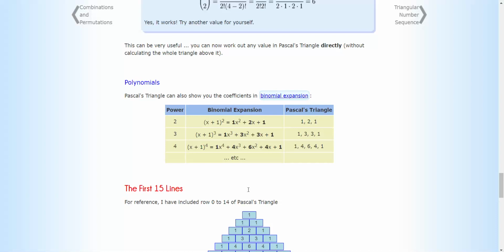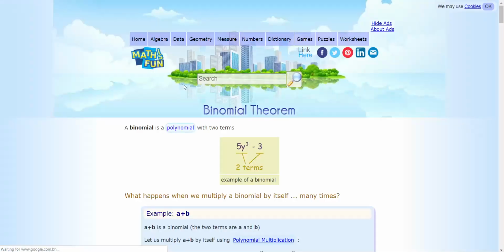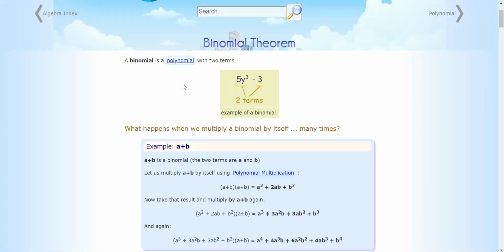So you can also show the coefficients in binomial expansion. What is this binomial expansion? A binomial is a polynomial with two terms. What the hell is a binomial? Polynomial.